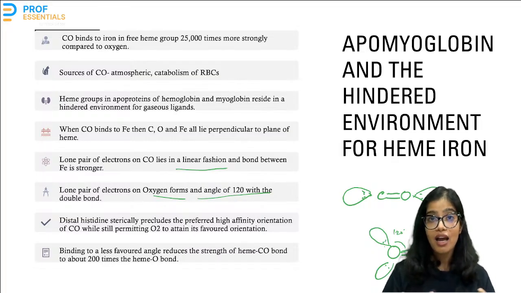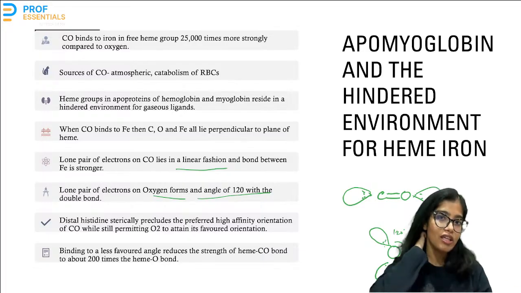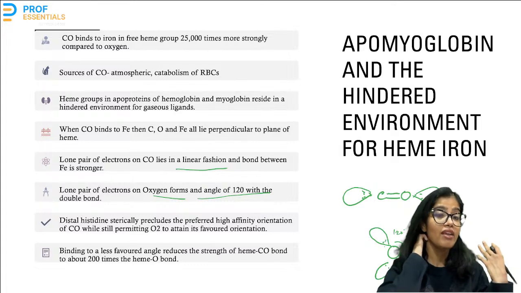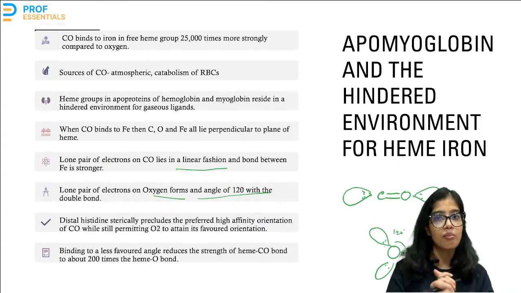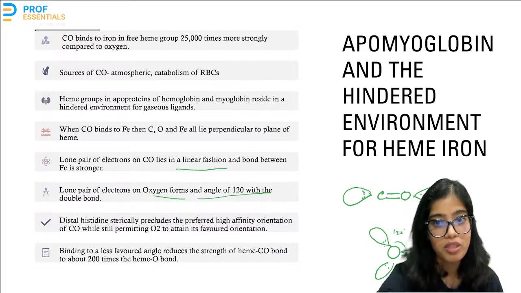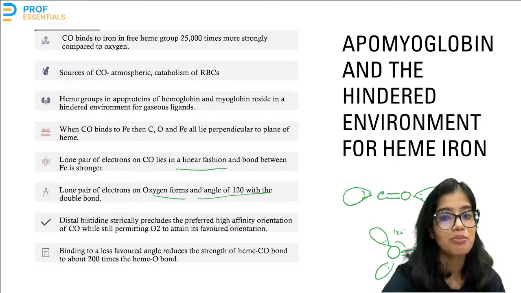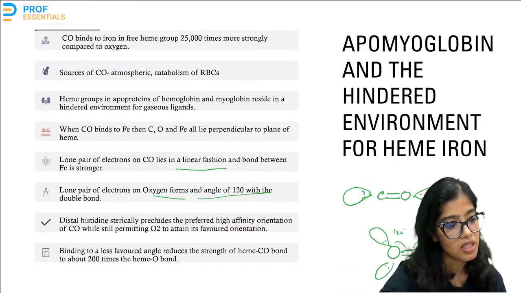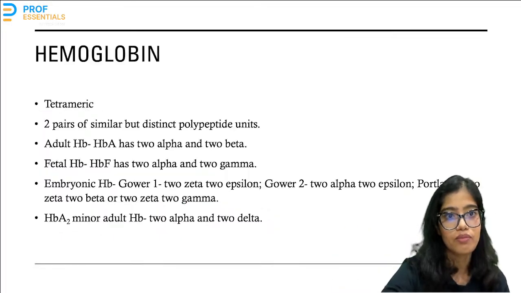But at very high concentrations, carbon monoxide will get attached, because the affinity for carbon monoxide, which is 25,000 times stronger compared to that for oxygen, will prevail. Okay, I hope this lone pair of electron concept and the steric hindrance concept is clear to all of you.